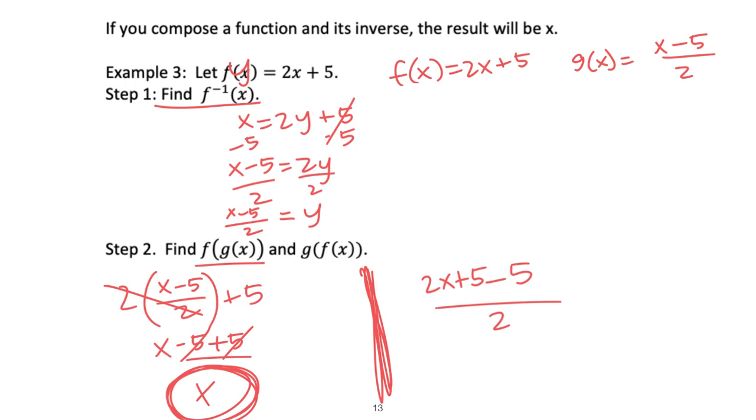Now look here. Right here I see these 5's can cancel, leaving me with 2x divided by 2. The 2's also can cancel, leaving me with x. So these 2 equations are true inverses because of that right there.